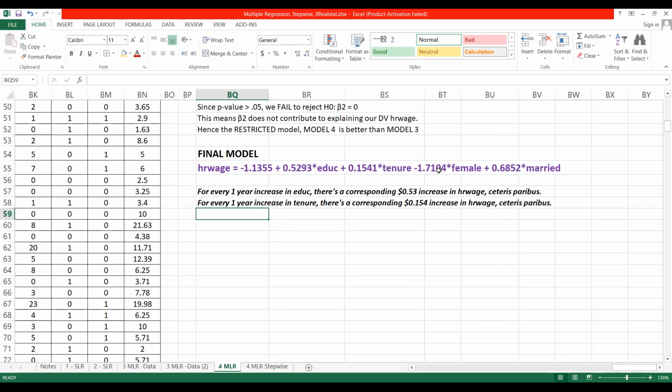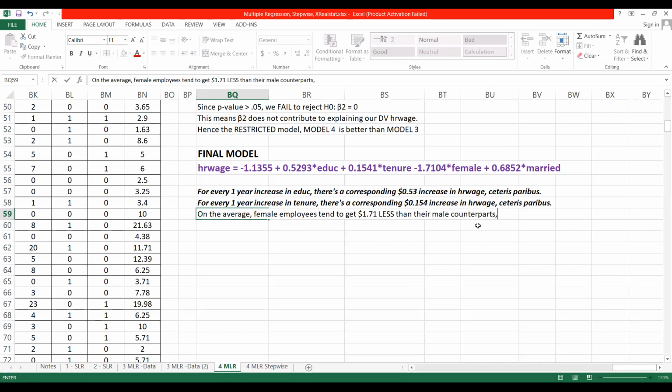Then, ito si female. How do we interpret this? On the average, female workers or employees tend to get $1.71 less than their male counterparts, ceteris paribus.